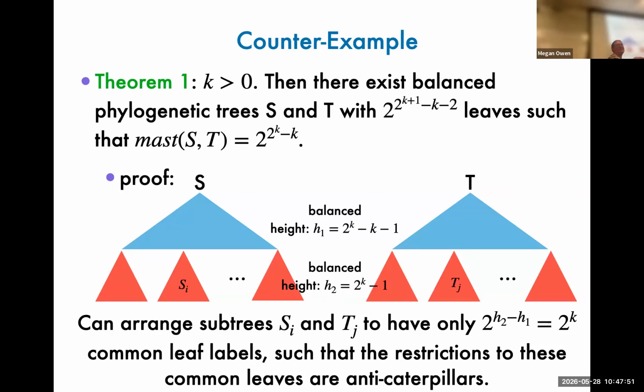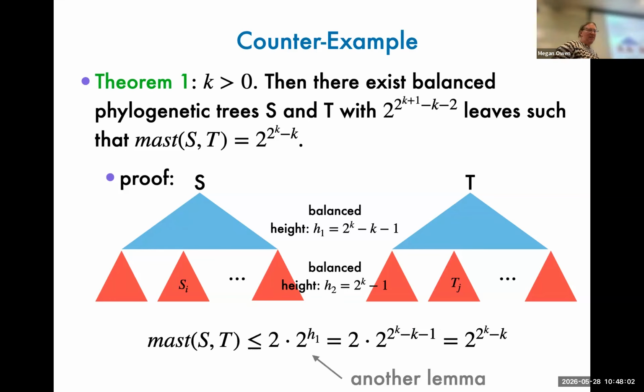So the maximum agreement subtree is at most 2, and you only have to worry about what's happening up here. Your maximum agreement subtree between the two of them is the 2 from here, plus what's happening at the top. That's all a case analysis with some induction and recursion.